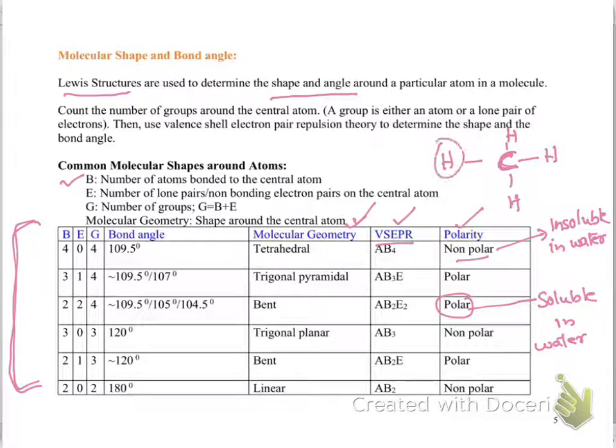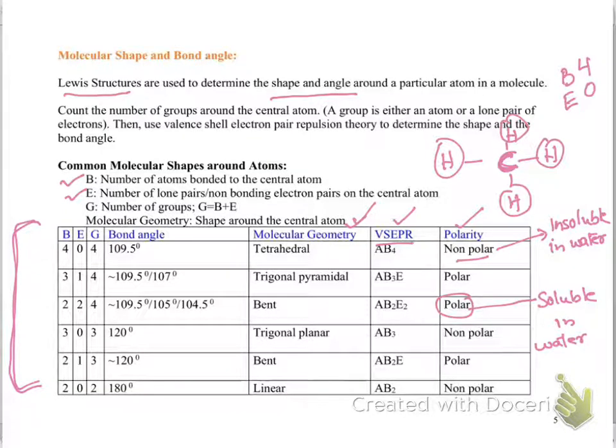And we see 4 hydrogens that are bonded to the central atom. So for CH4, the B value is 4. Then what is E? E is the number of lone pairs present on the central atom. Is there any lone pair on carbon? No. So that means E will be 0.